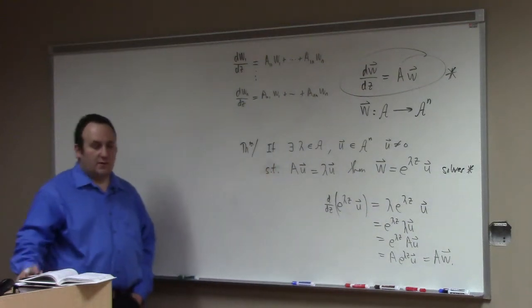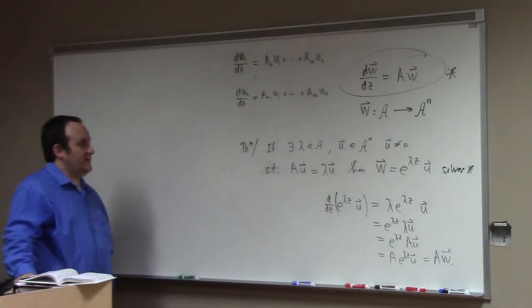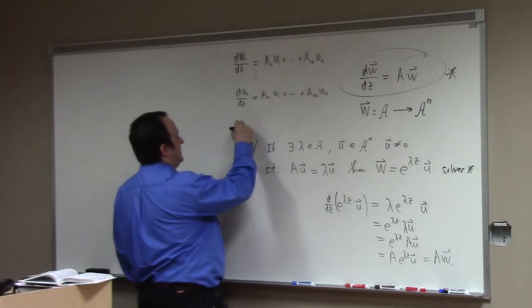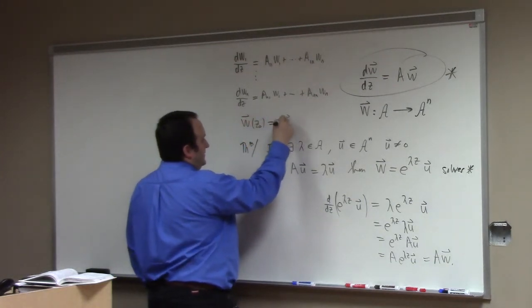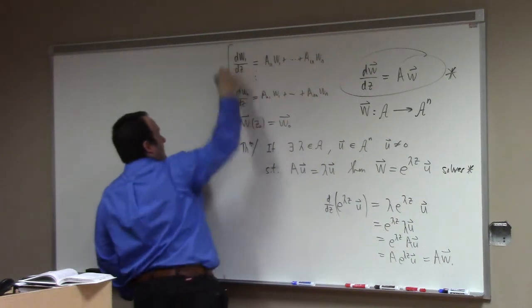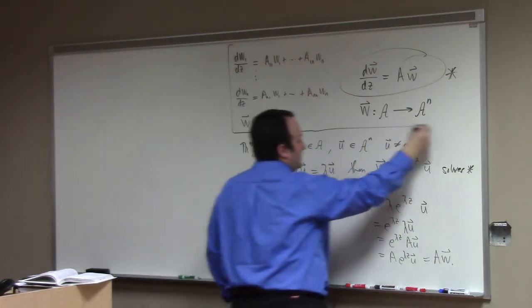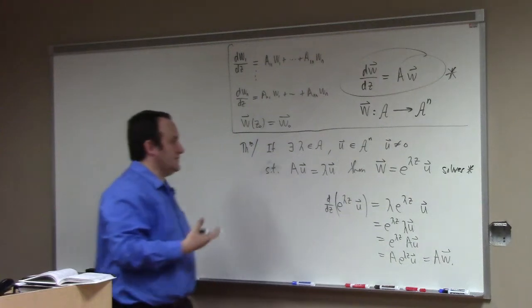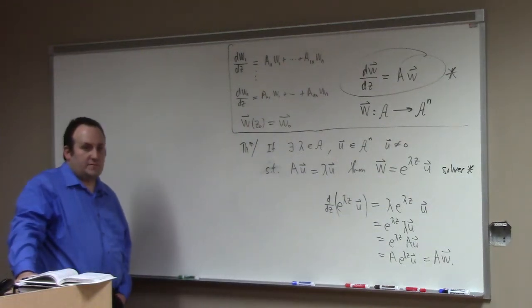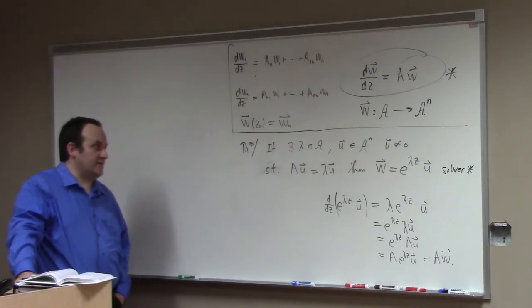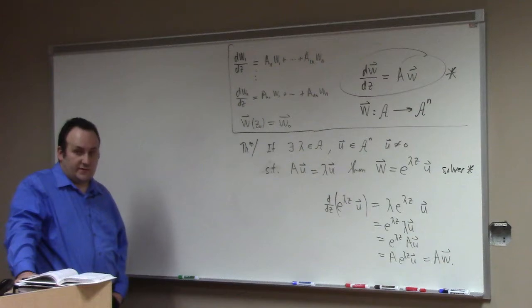If I also give you initial data, if I say w of z naught is equal to w naught for a given initial data point, then this is an initial value problem. It's n differential equations over the algebra, and given an initial value, there exists a unique solution.